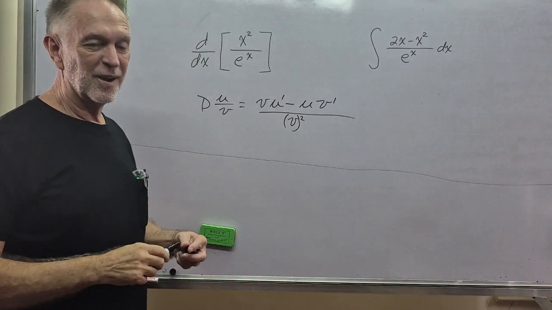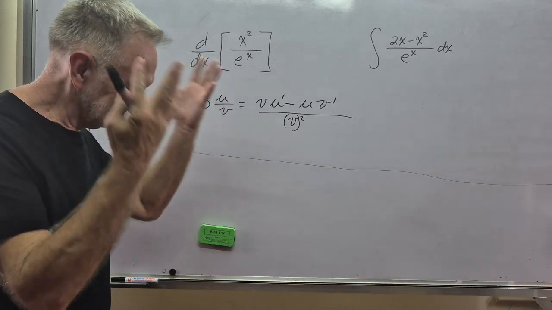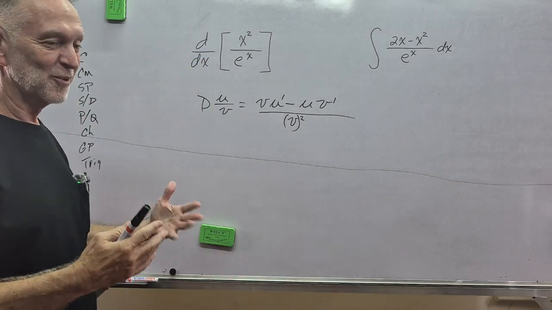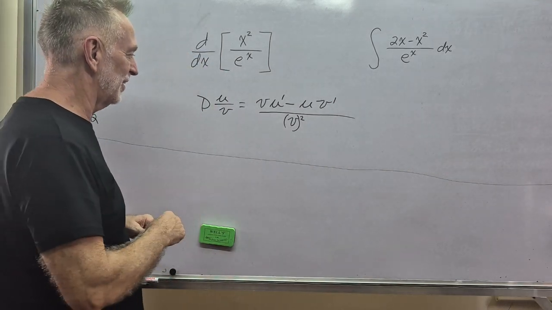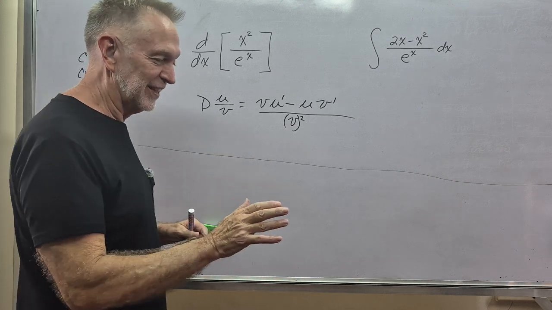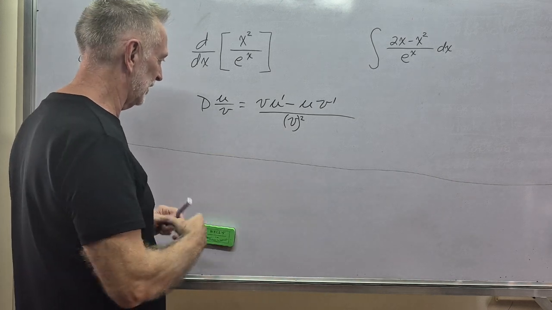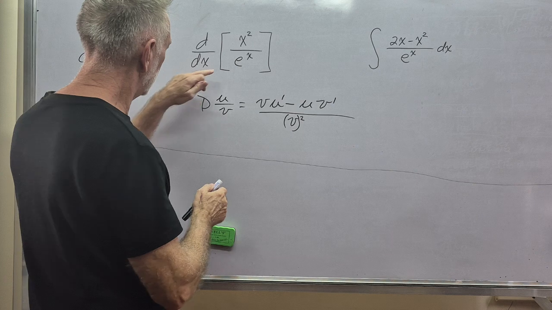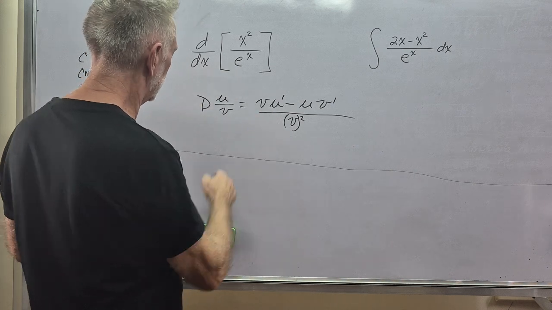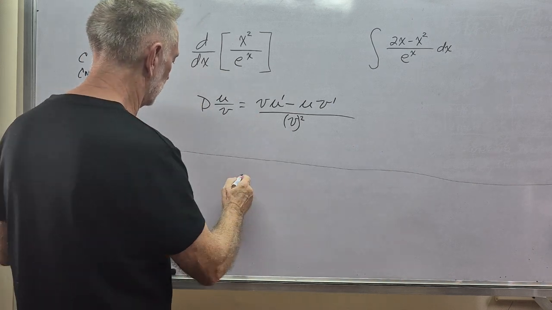Bottom function, top function, numerator, denominator, whatever it takes for you to remember them. Okay, so let's go through this with the quotient rule.